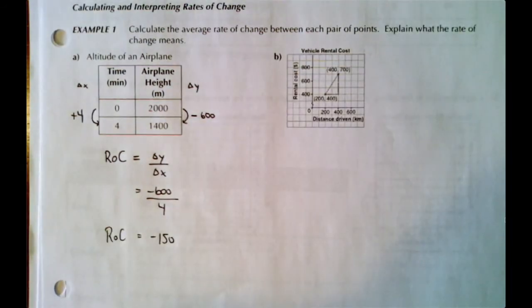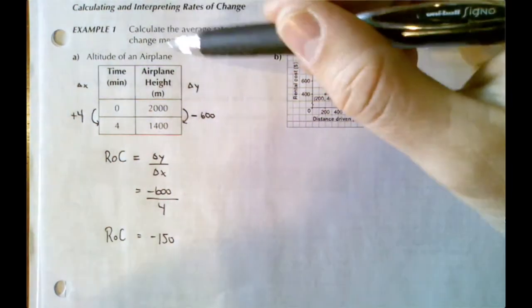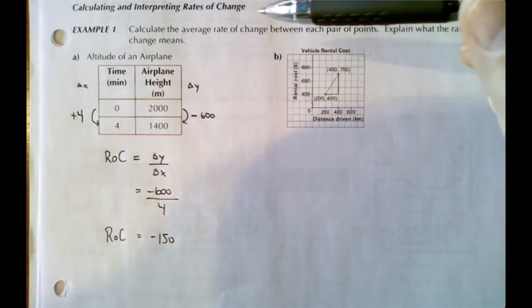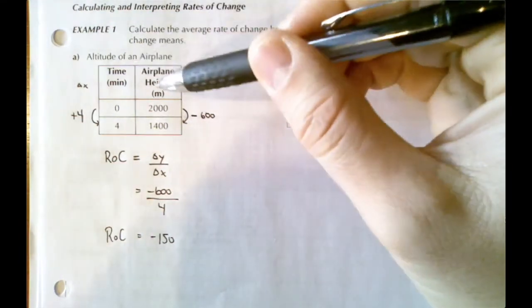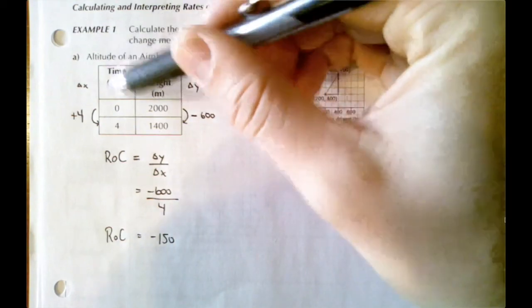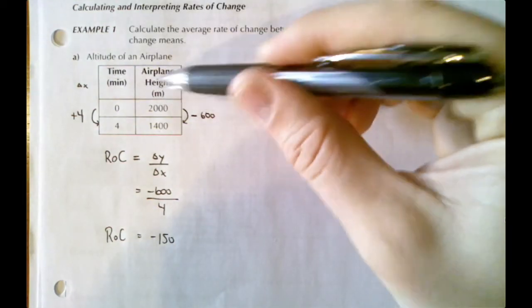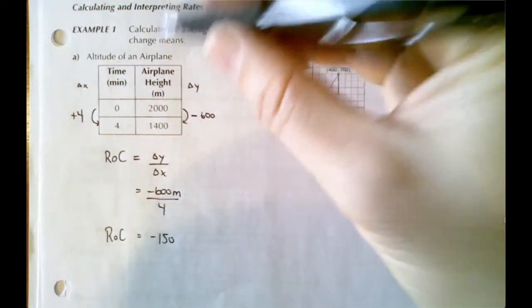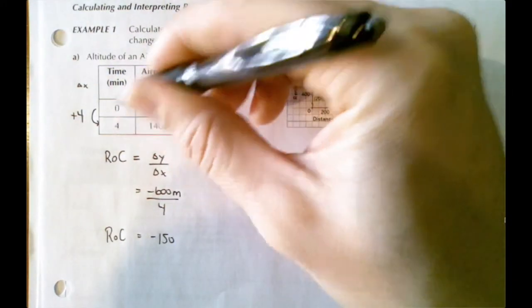Now that negative 150 doesn't really mean anything unless we can explain what it means about the altitude of the airplane. Well, to do that, we take the units and we put them where they should be. So we've got meters for height and minutes for time. Meters for height should be with the y, and the y is on top, so we've got meters. The time is the x's, so it should be on the bottom.